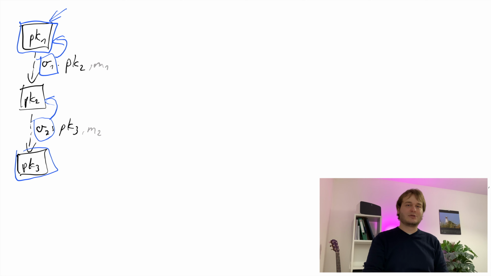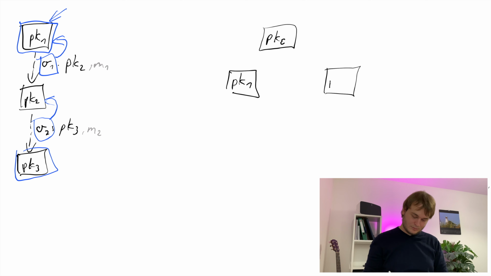Now for tree-based signatures, something very similar happens. We still have a root key, call this PK epsilon here. But now the idea is that we don't only sign one public key, but we sign two public keys. So essentially, again, everyone knows PK epsilon.